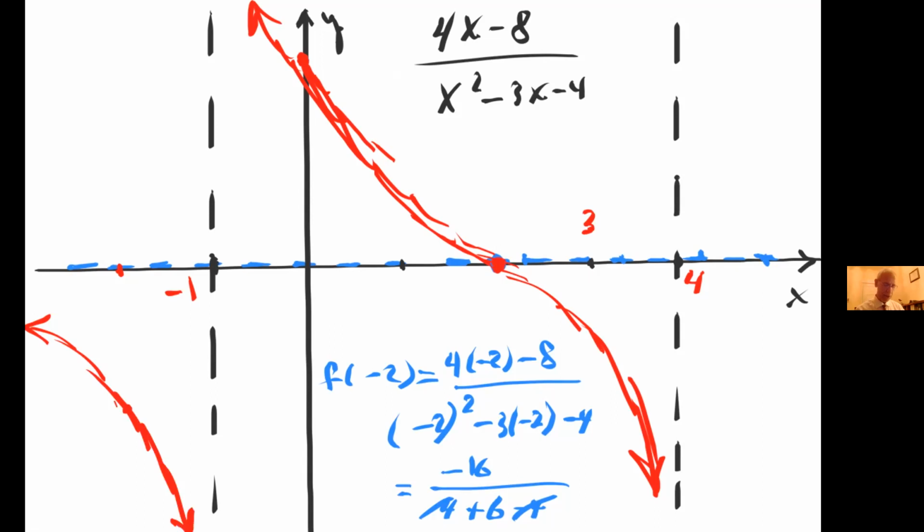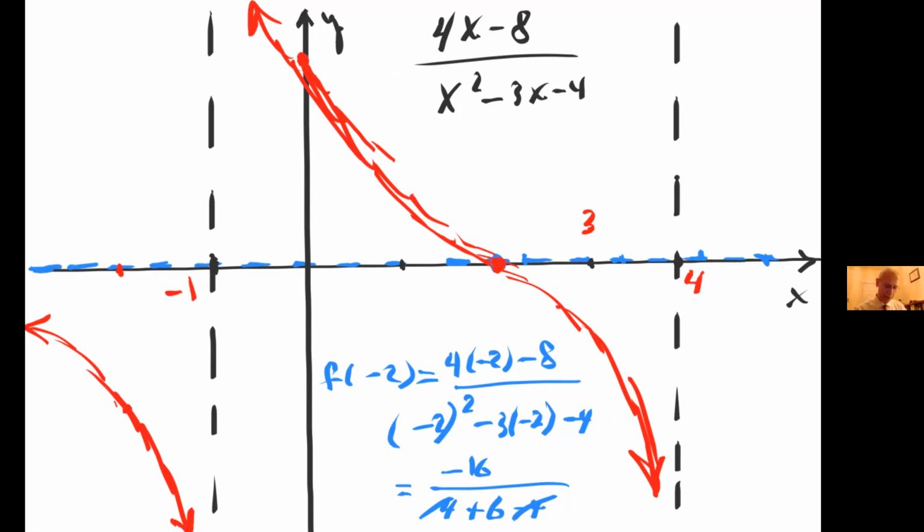Remember that I do have the horizontal asymptote at the x-axis, or y equals 0, and I have a vertical asymptote at -1. Once again, if you are not sure, you're more than welcome to plug in more numbers. Just make a t-table and convince yourself.